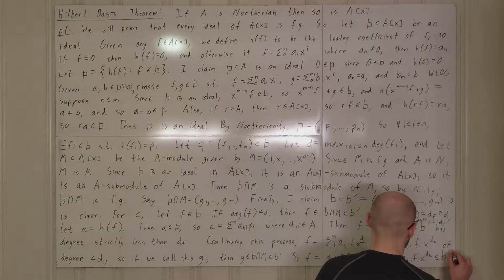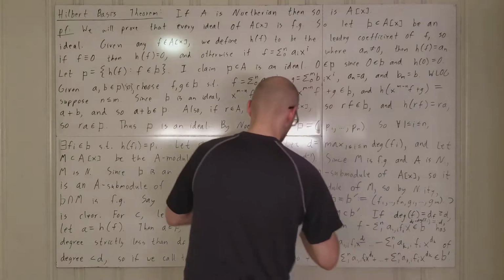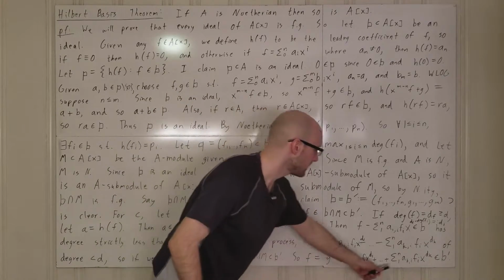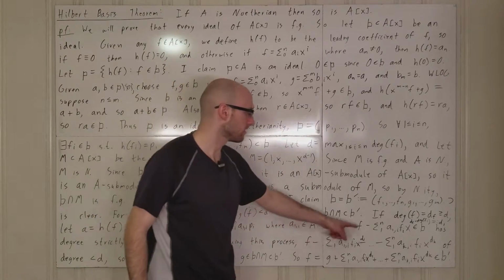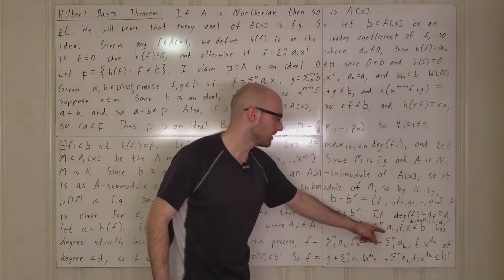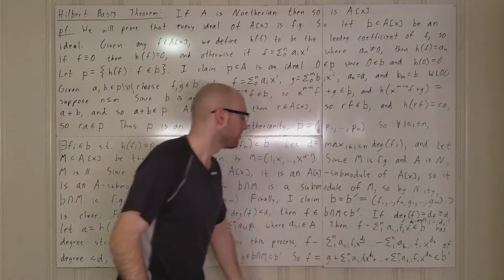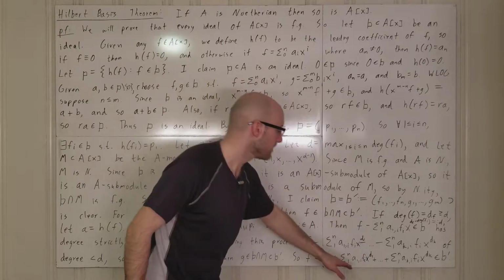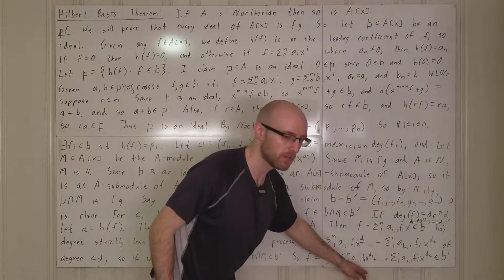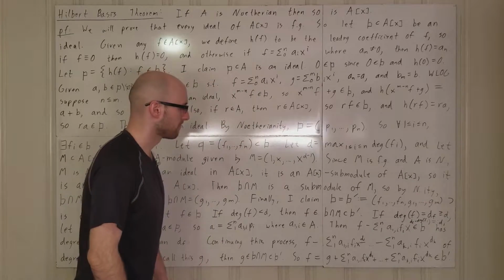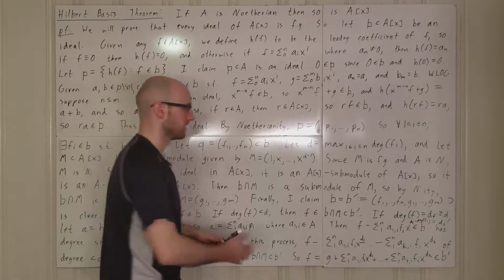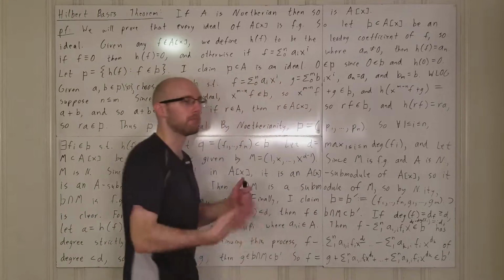And so G we know is in B prime, and each of these sums here are obviously in B because each of the fis is in B, but because the fis are generators for B prime, each of these sums is also in B prime. That's because what we're multiplying by are elements of the polynomial ring, and of course this is an ideal in the polynomial ring.